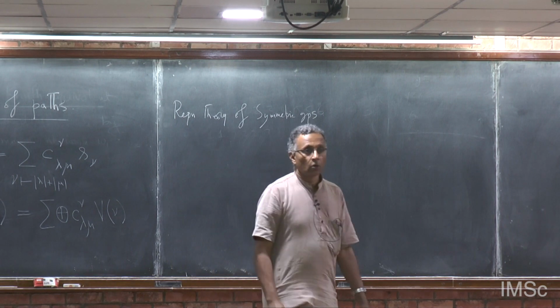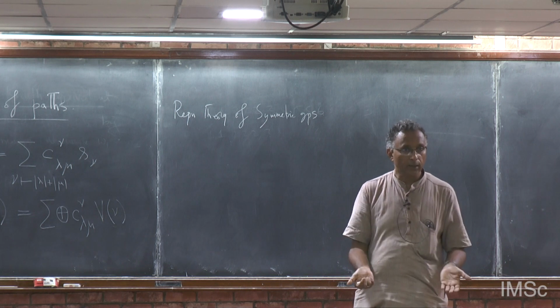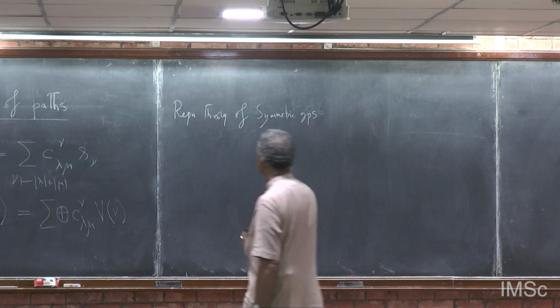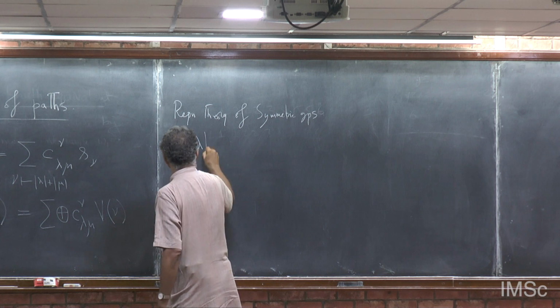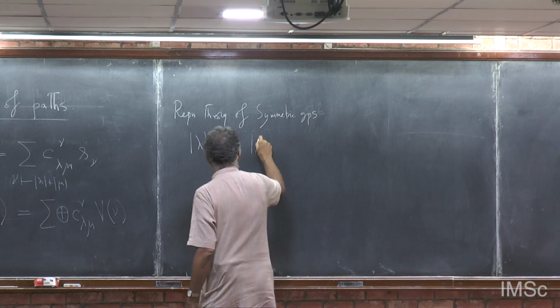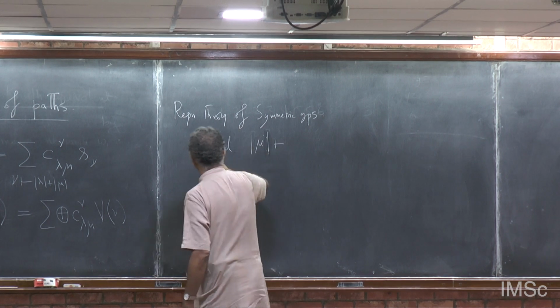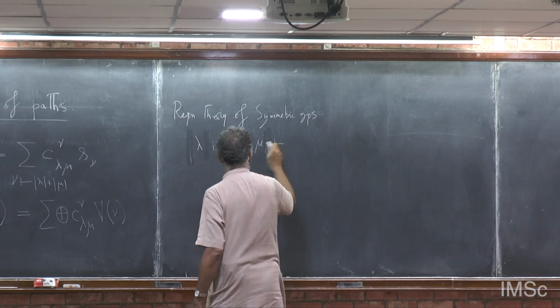Suppose lambda has d parts, and mu has e parts.